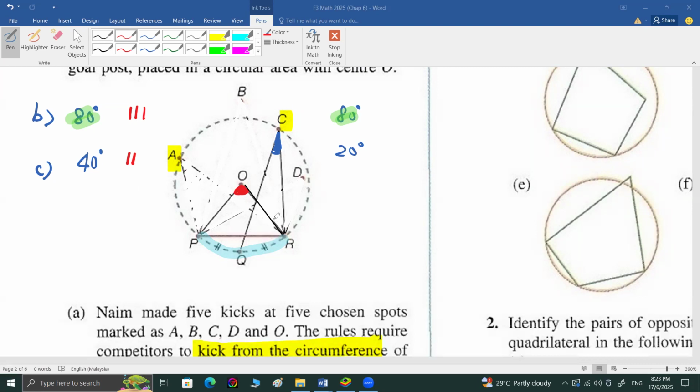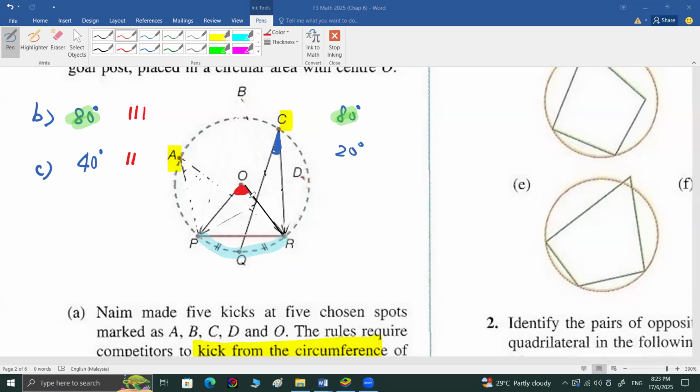You cannot say that this is 40, no. If it's 80 here, if I draw the same thing, you will get 80 at the center, and 40 will be at where? Circumference, right?